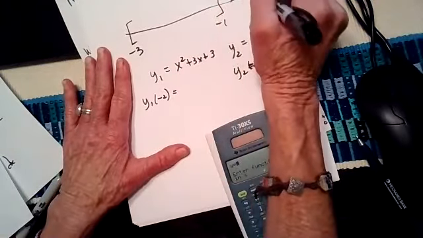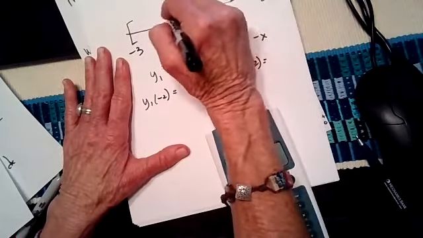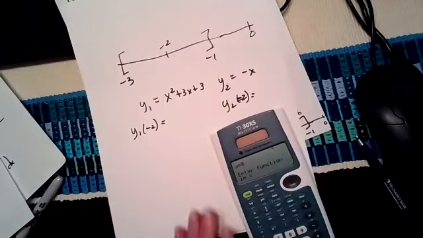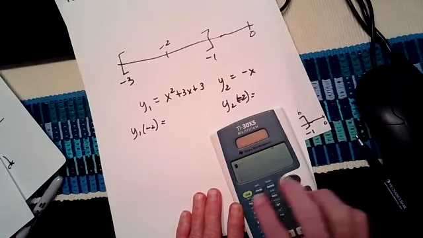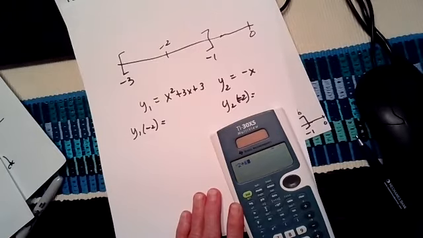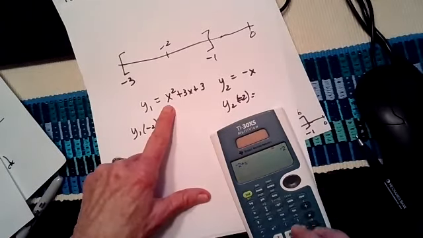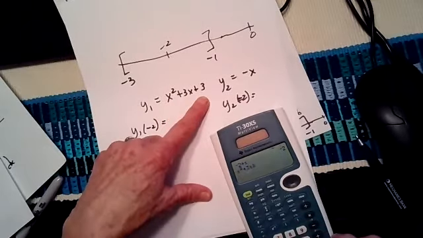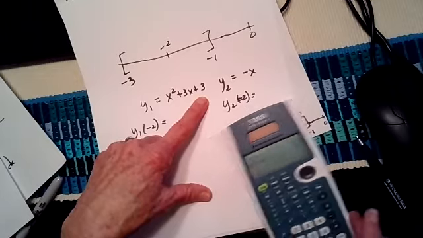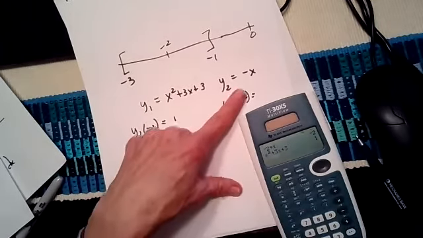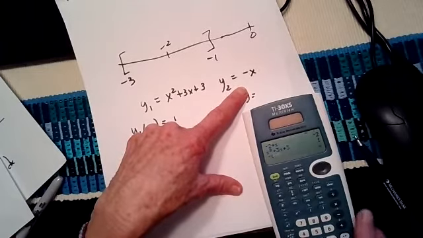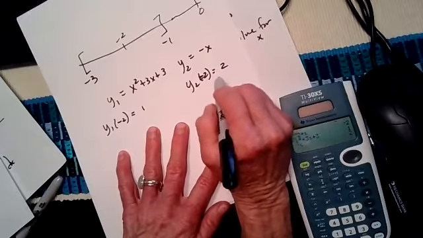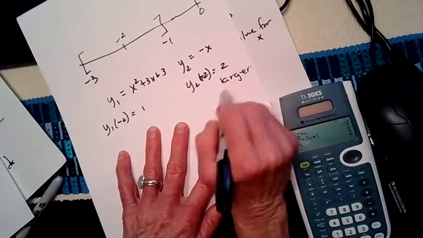Here's 0 over here, negative 1, there's negative 2, there's negative 3. So I'm going to plug negative 2 in, and I'm going to let my calculator do it. I'm going to say negative 2, store for x, and enter. I'm going to plug in x squared plus 3x plus 3, and then I get positive 1. And I'm going to put it into negative x and get positive 2. So positive 2 is larger, so that's my top.